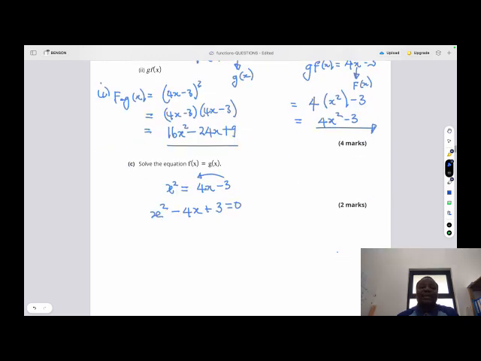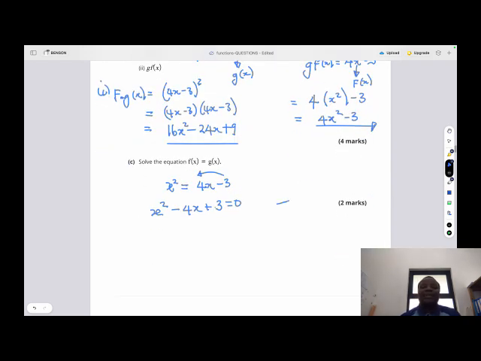You can see that we can actually factorize this. We've got numbers that we can multiply to give us 3, and if we add them we get negative 4, and those numbers for positive 3 are negative 3 and negative 1, which simply means our x squared minus 3x minus 1x plus 3 equals 0.